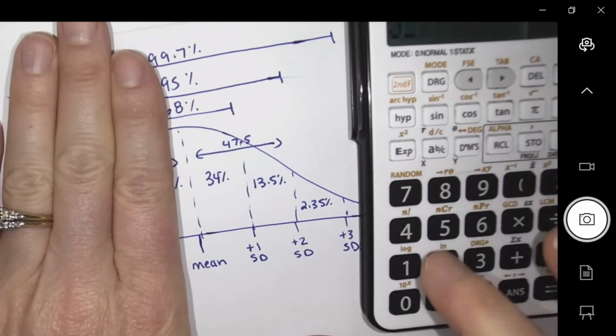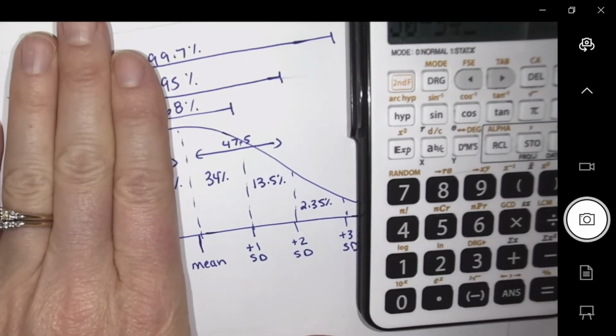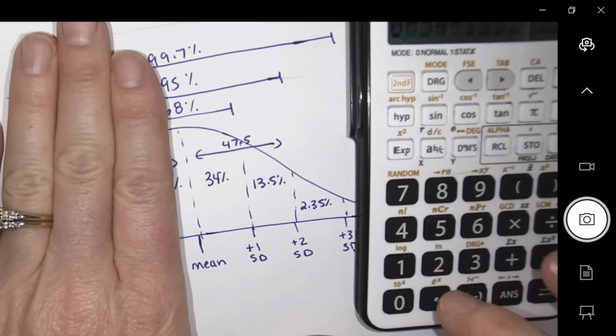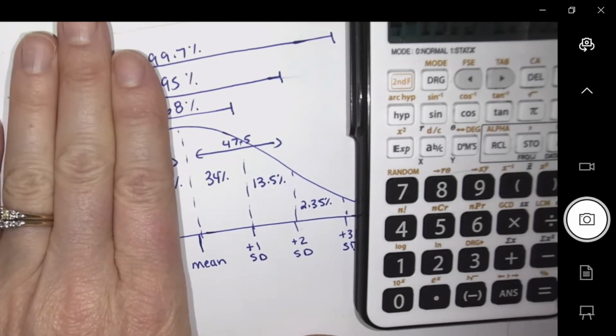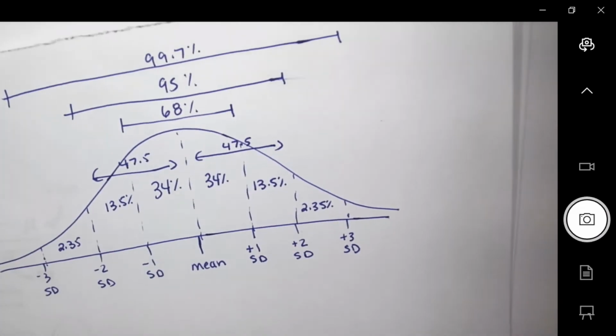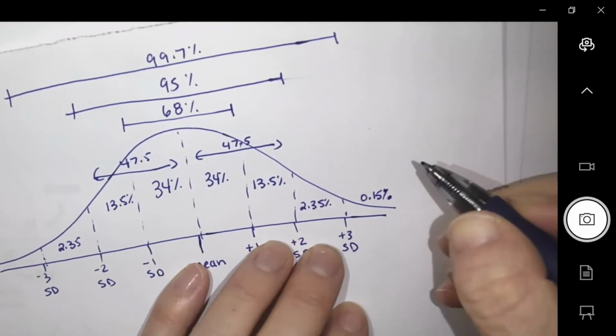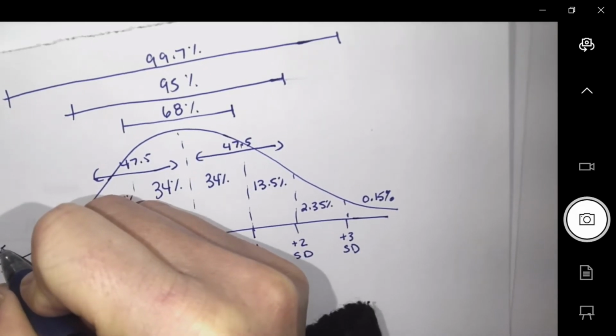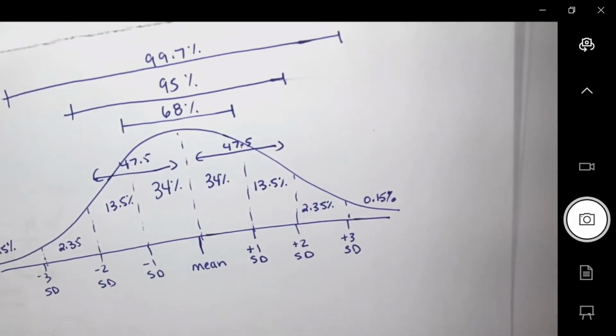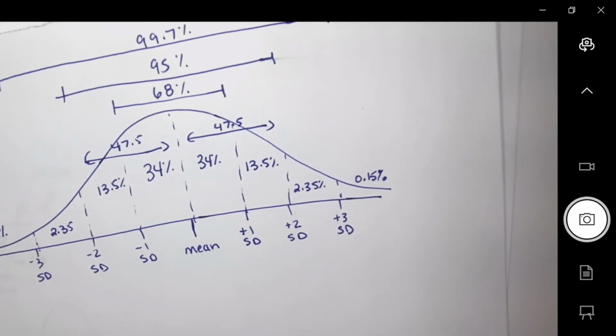So I'm going to go 50 minus 34 minus 13.5 minus 2.35. I got 0.15%. It's really rare to be outside. That's somebody who's extreme. Like if I was measuring IQs, somebody who's extremely intelligent.